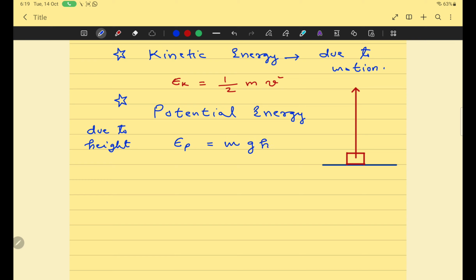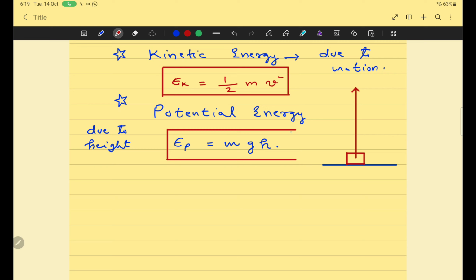And its equation is very simple, that is mgh. So the third formula of today's class, kinetic energy is equal to half mv squared. Fourth formula of today's class, potential energy is equal to mgh.